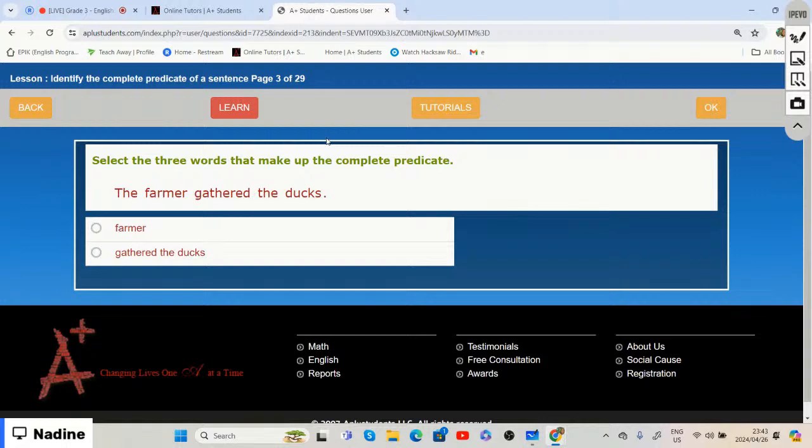The farmer gathered the ducks. We need to select the three words that make up the predicate. Is it farmer or is it gathered the ducks?